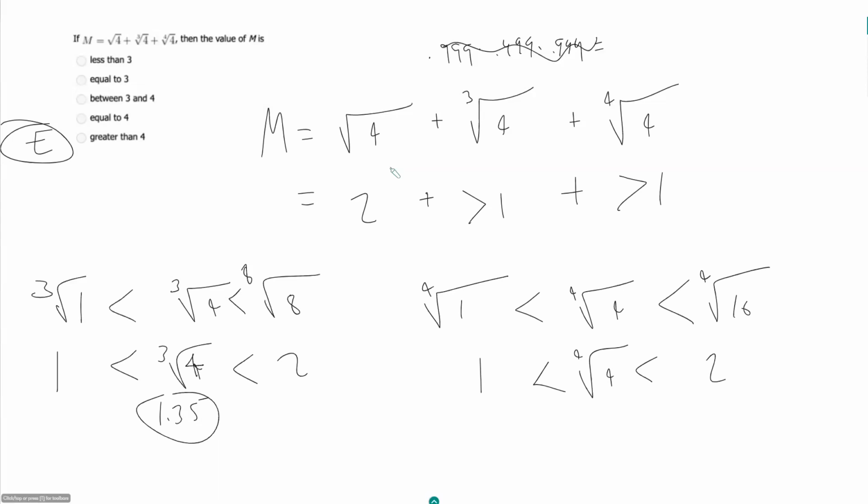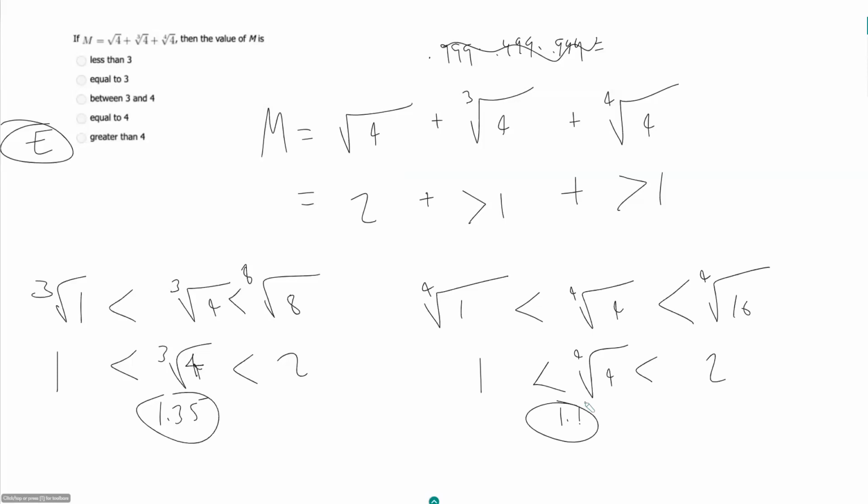Again, 4 is closer to 1 than it is to 16, and it's a lot further from the 16 than 4 is from the 8. So it's still greater than 1, but it will be 1.1 or something. Doesn't matter. As long as it's greater than 1 is all you need to know.